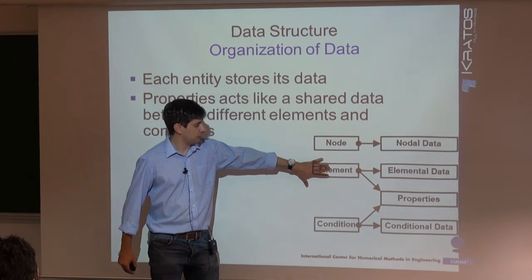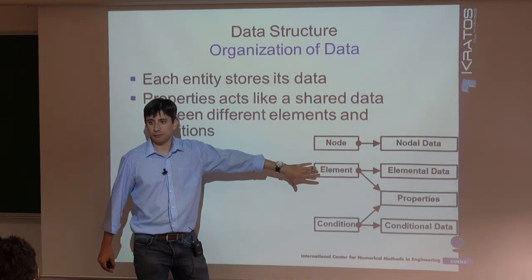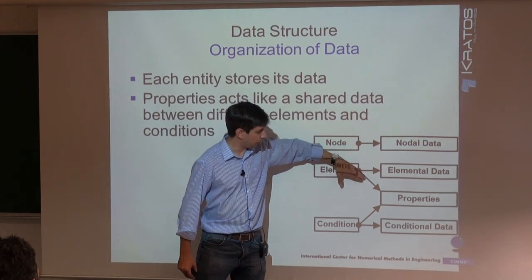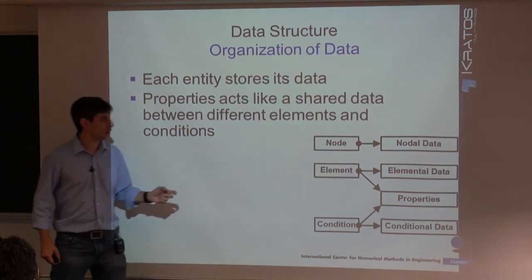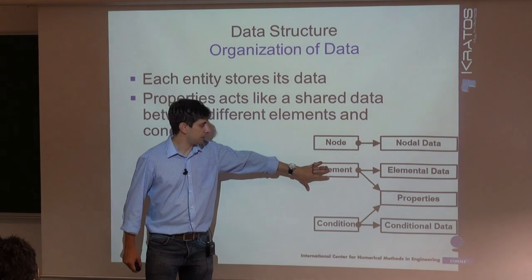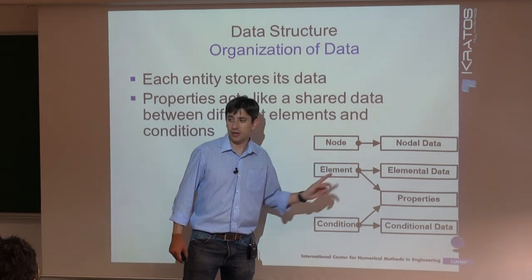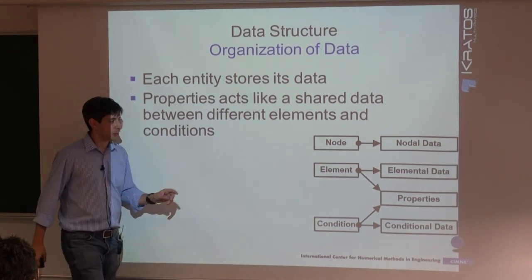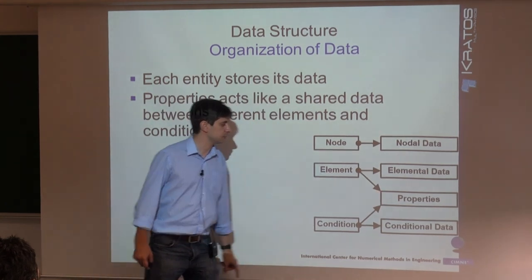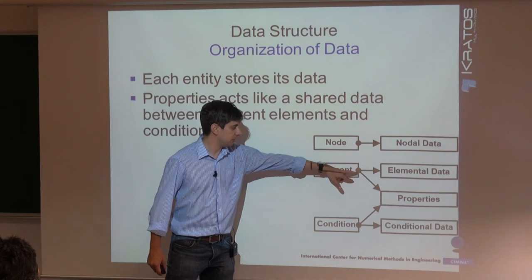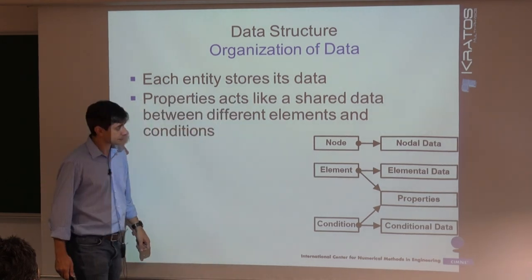But all elements that are made of concrete have a pointer to one of the properties, the ones that are made of concrete. All elements that are made of steel are pointing to the other property, the second property. But this object is stored just once, one for concrete and one for steel. And then in each element you contain just a pointer.